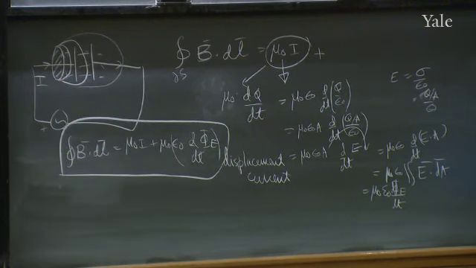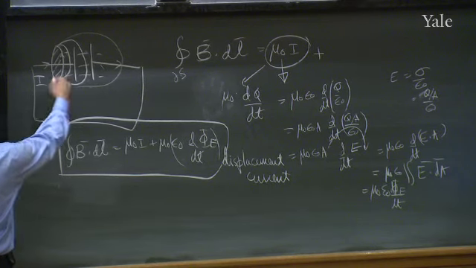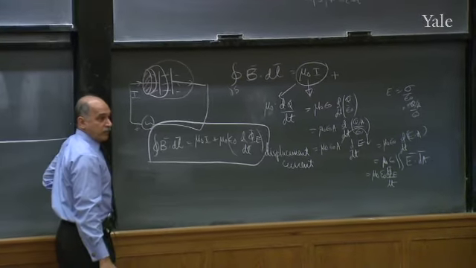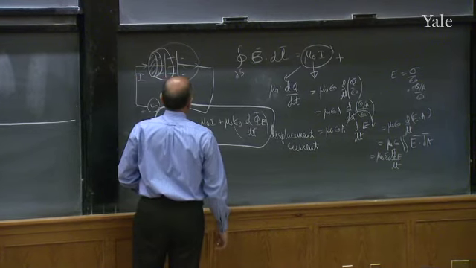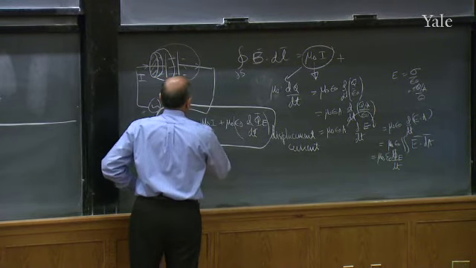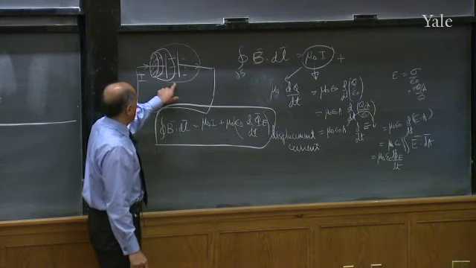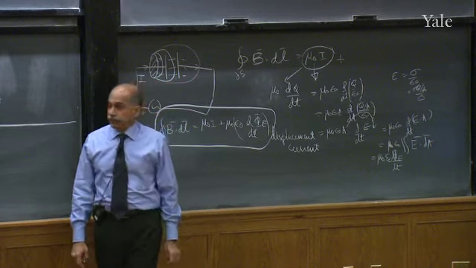But now look at this equation with that extra term. Notice it works everywhere. If you took a surface like the first one I took that slices through the wire here, there's no electric field anywhere. Inside a perfect conductor or anything, there's going to be no electric field. Then mu 0 I is going to contribute. If I go to the region between the plates, there is no I there, but that's the rate of change of electric flux.